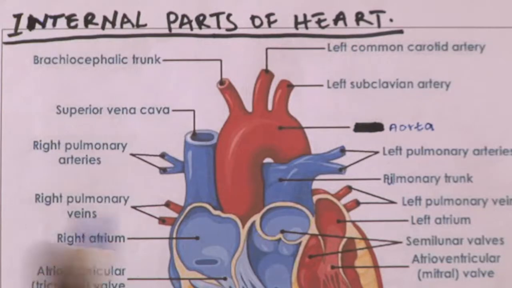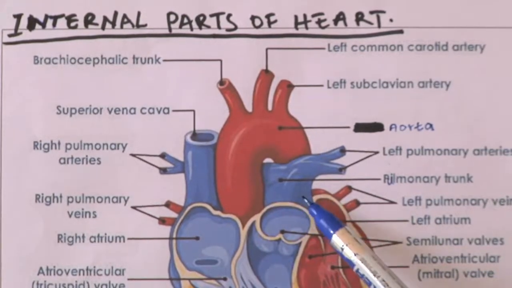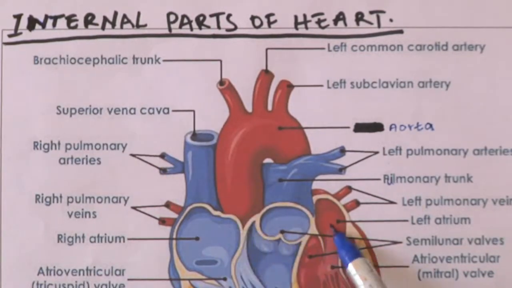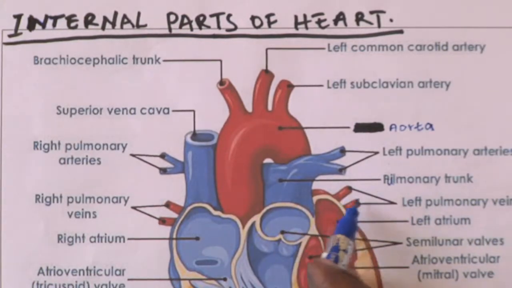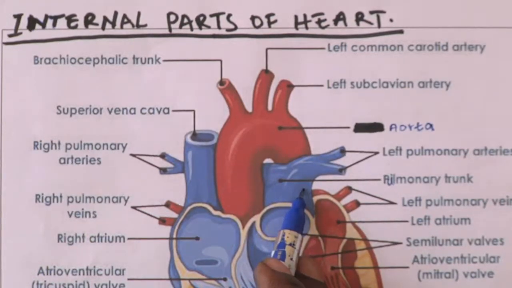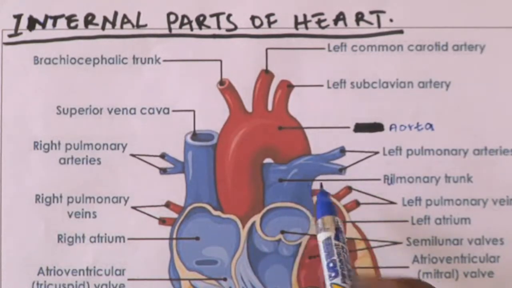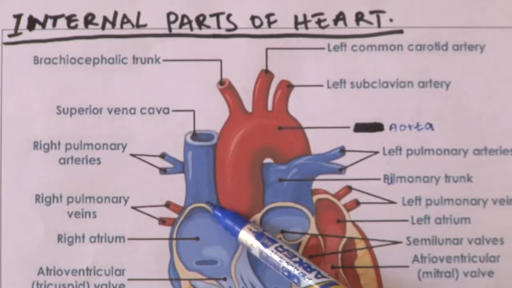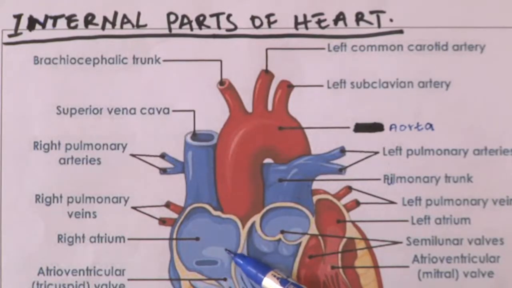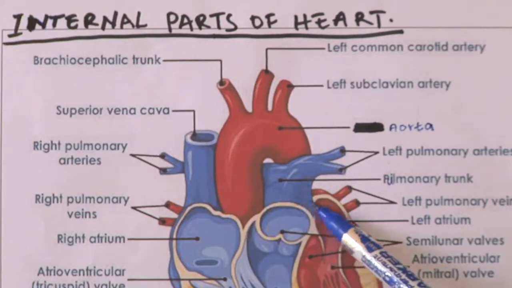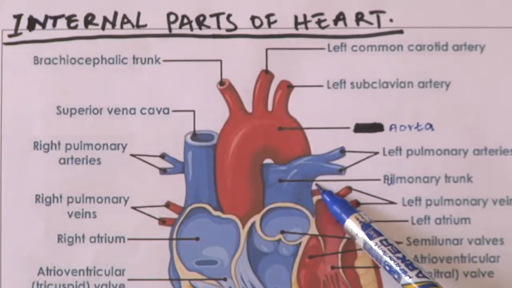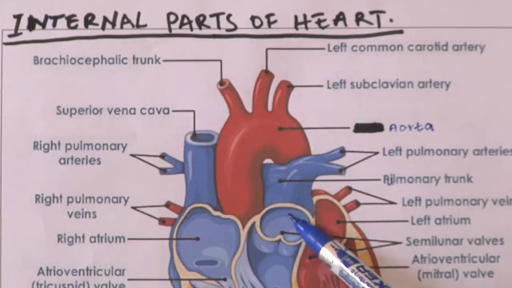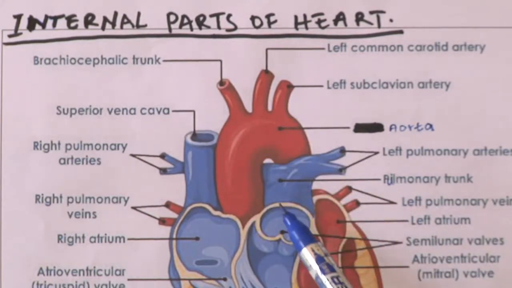The other blue major vessel, apart from the vena cava, is the pulmonary trunk, or the pulmonary artery. After the superior and inferior vena cavas have brought deoxygenated blood to the right atrium, the pulmonary arteries pick the deoxygenated blood to the lungs to be oxygenated.